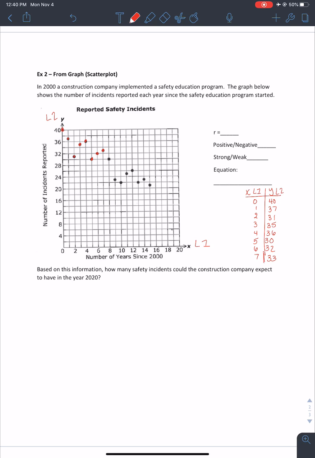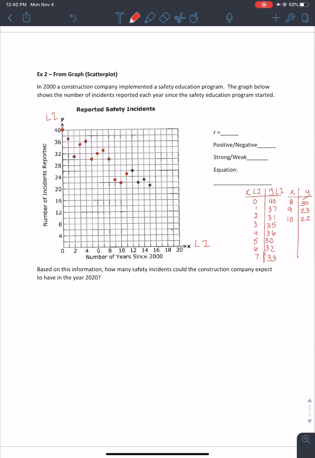And I'm out of room, so I'm going to continue my table over here. This point has an X of 8 and a Y of 30. X of 9 and a Y of 23. X of 10 and a Y of 22.